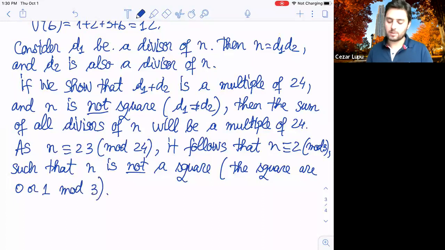Let's keep this in mind. So we have that n is 2 mod 3 and n is not a square.